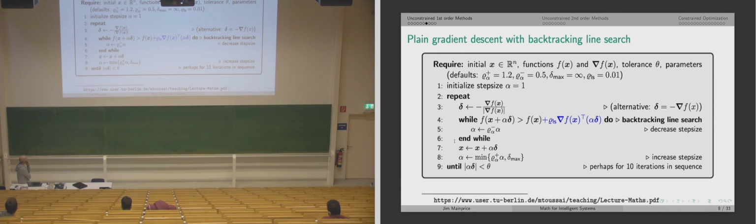Okay, so when the step size is below some value, we stop. It basically means we are in a local minimum. And actually in continuous optimization, this condition here is one of the most difficult things to set up.